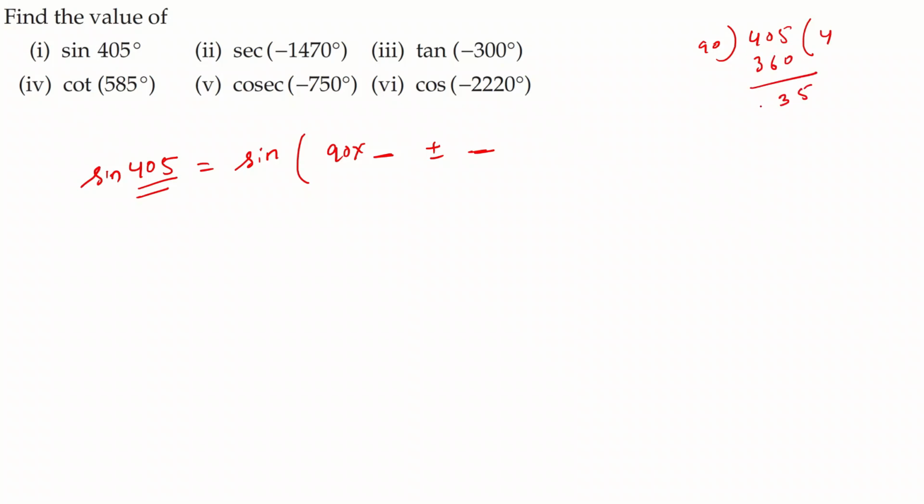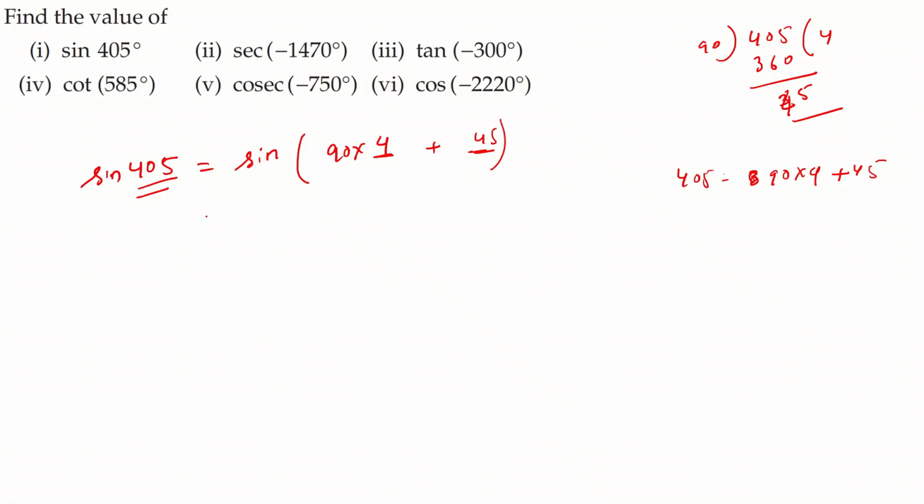did I do something wrong? 405, 90 times 4 is 360, then this will be 45. Yeah, so 45. So we can write this 405 as 90 multiplied by 4 plus 45 degrees.